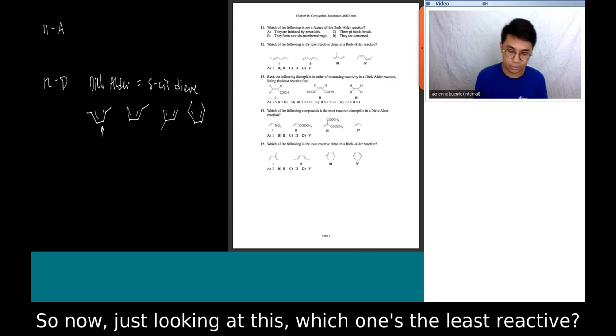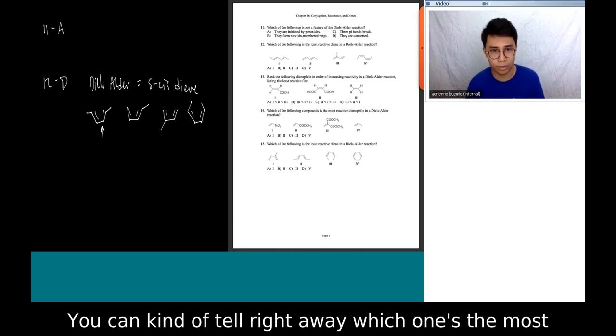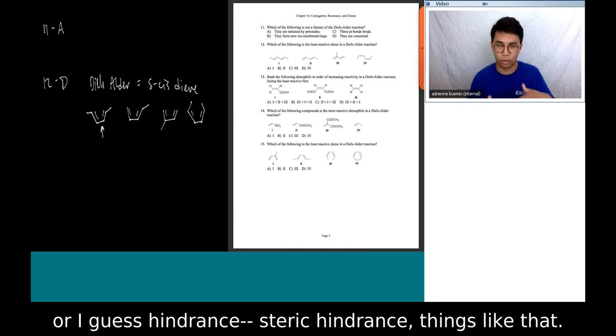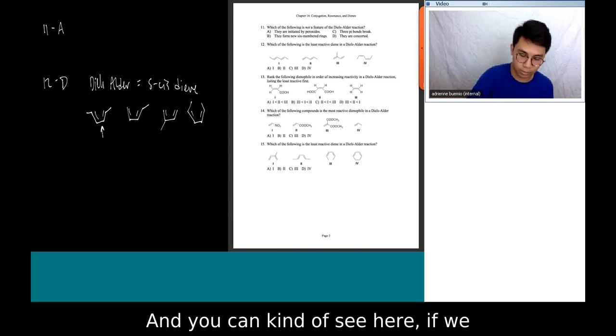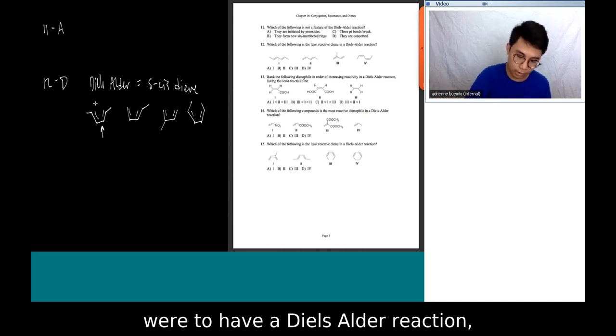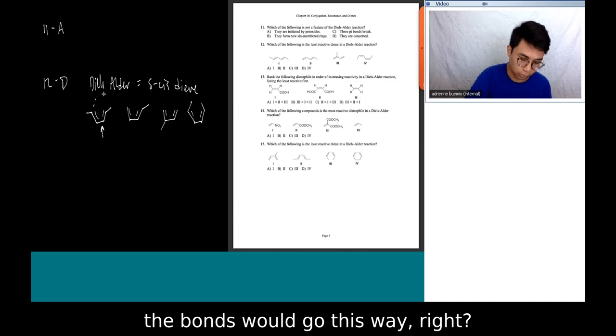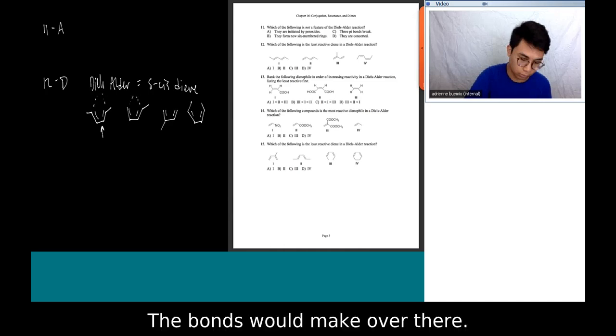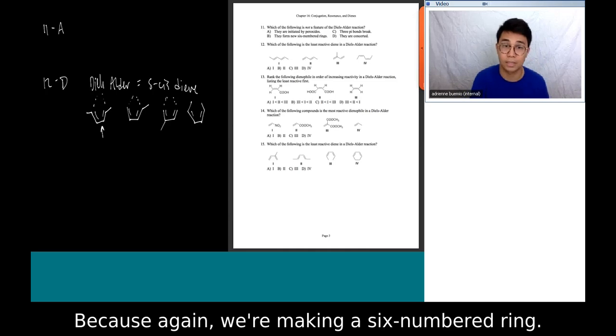So now, just looking at this, which one's the least reactive? You can kind of tell right away, right? Which one's the most hindered, the most subjected to steric hindrance, things like that. And you can kind of see here, if we were to have a Diels-Alder reaction, the bonds would go this way, right? The bonds would make over there, because again, we're making a six-membered ring.